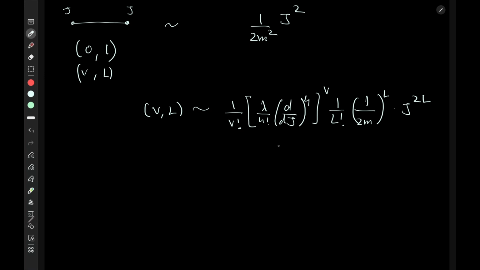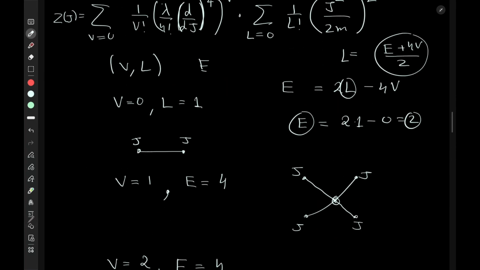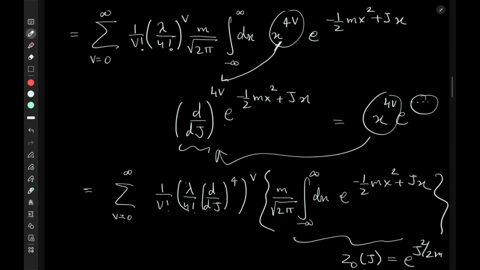For v being 0, this first term will go away and only this will be there, and for l being 1, we will have 1 over 2m times j square, which is, sorry, here is a square. There should be a square, no?